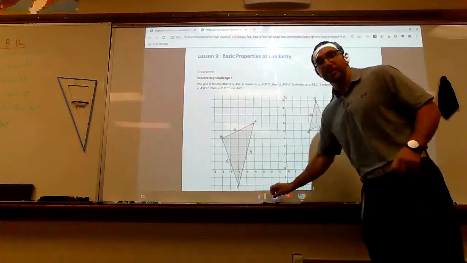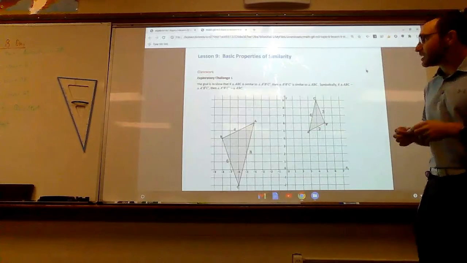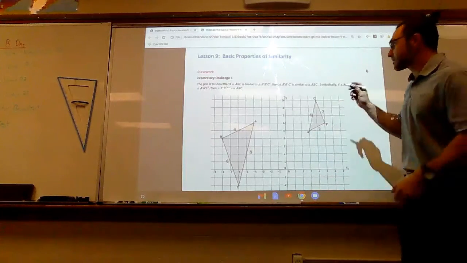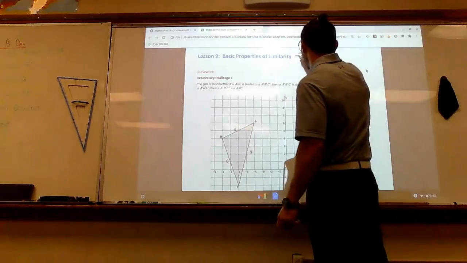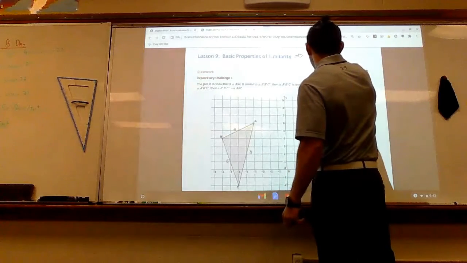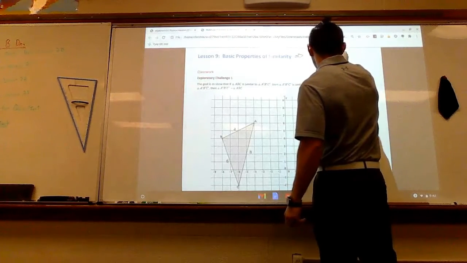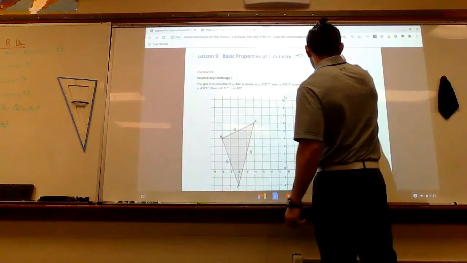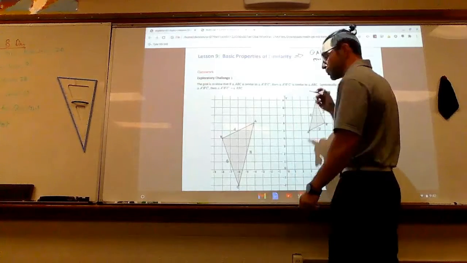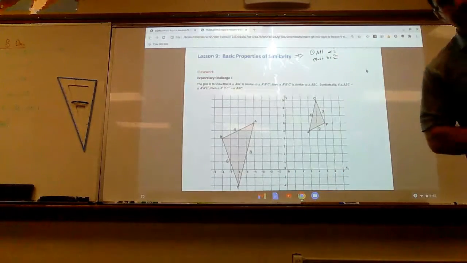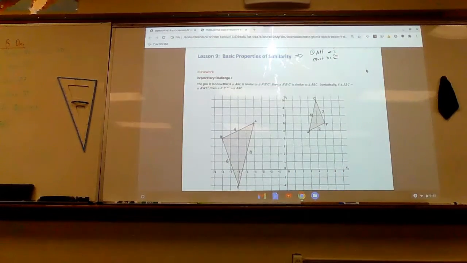So, basic properties of similarity. The key to similarity is two things. One, all angles must be congruent. And there's that word again, congruent. Congruent means exactly the same.